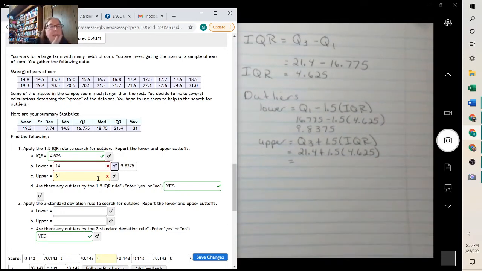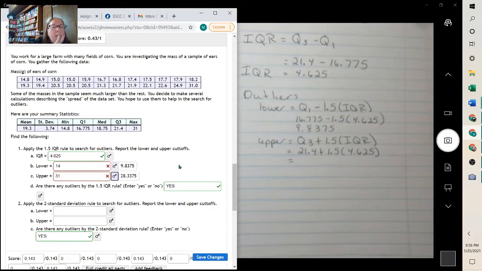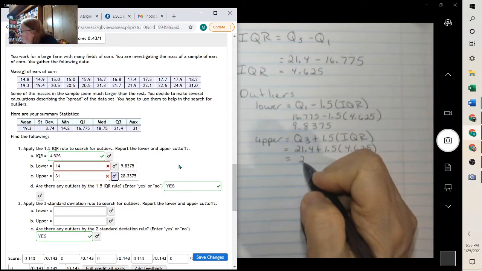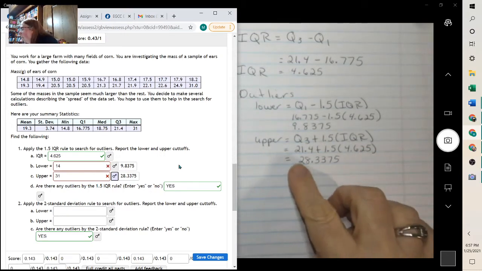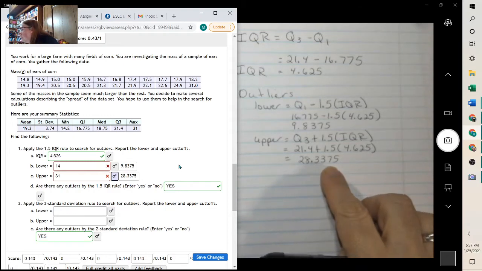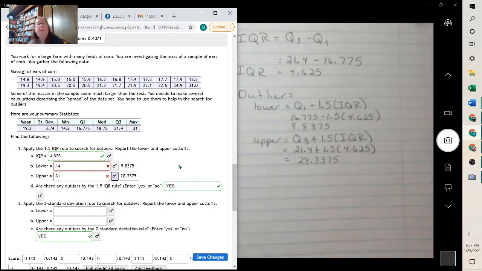And if we calculate that, we get 28.3375. So any values above this number are outliers.